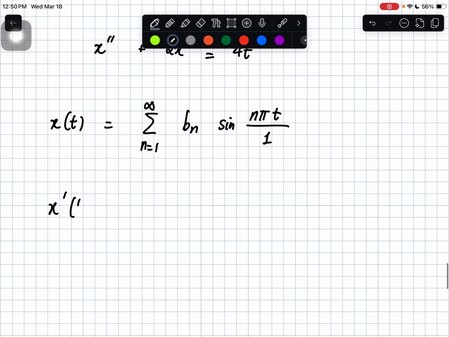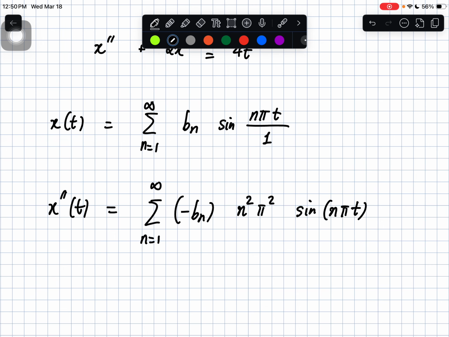I do first x double prime, the sum from n = 1 to infinity of minus Bn n squared pi squared sine n pi t.